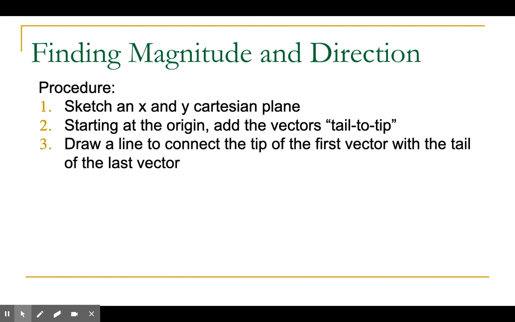The third step is to draw a line to connect the tip of the first vector with the tail of the last vector, and we call that the resultant. It makes up the hypotenuse of the right triangle that was created.